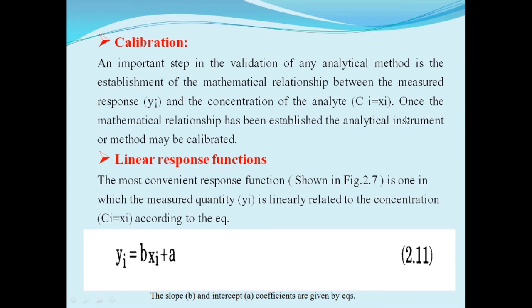Once the mathematical relationship has been established, the analytical instrument or method may be calibrated. The calibration procedure will depend upon the type of method, whether the method is instrumental or non-instrumental, the type of sample, the degree of accuracy and precision required, and the concentration range of the analyte or analytes of interest.